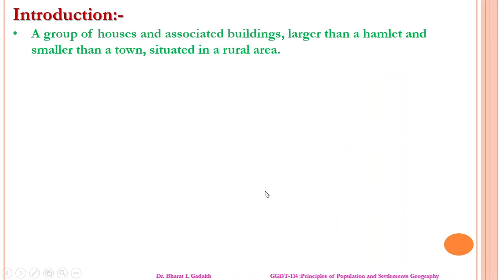First of all, what is meant by a town and what is meant by a village? A group of houses and associated buildings, larger than a hamlet and smaller than a town, situated in a rural area, is called a village.